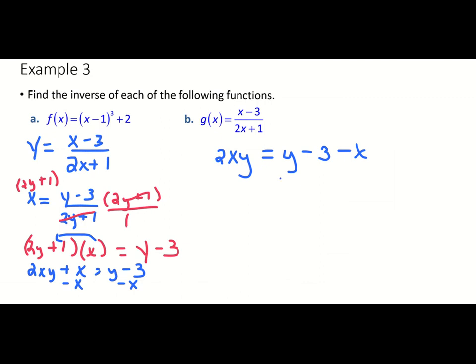And then I'm going to subtract y from both sides so I can get the y's on one side. So I'll have 2xy minus y, and they're not like terms, so I can't combine them, equals negative 3 minus x, or negative x minus 3. Order doesn't matter. Okay, so we still have to solve for y.